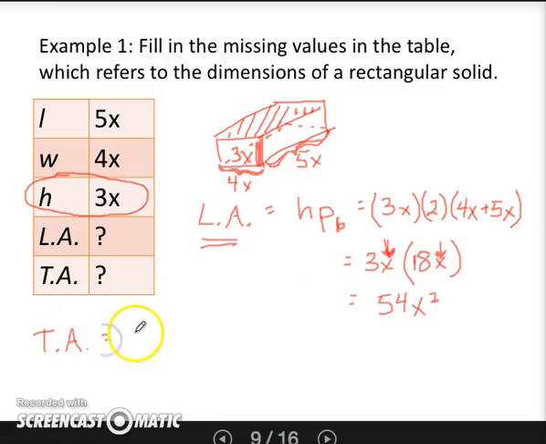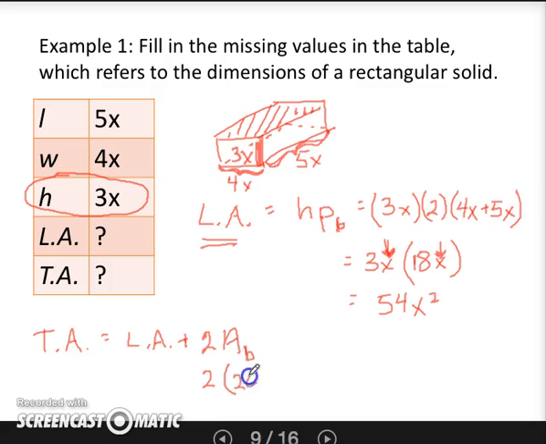Okay, what about total area? All we have to do is start out with the lateral area and then add 2 times the area of one of the bases. So it's a good thing we identified which ones were our bases. So this shaded face is a base. The area of a base is, since it's a rectangle, going to be 4x times 5x.